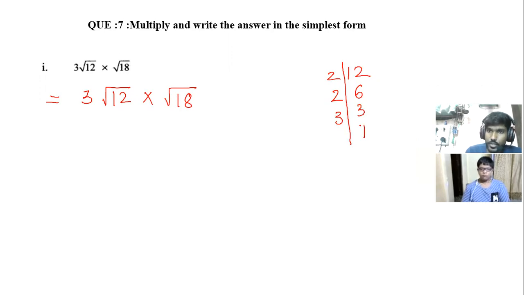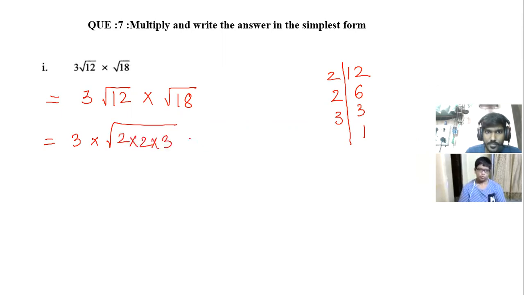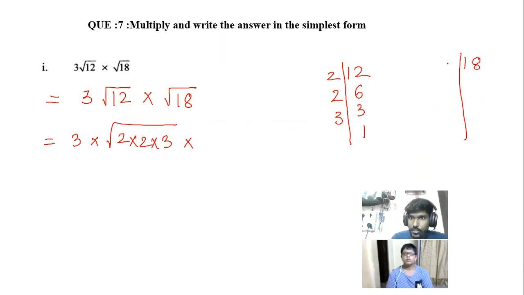Looking at the prime factors, can you tell me the simplest form of root 12? 2 root 3. But the way we write it, we'll write 3 into under root of 2 into 2 into 3, and we'll do the same for 18. Let's find the prime factors for 18. 2 9s are 18, 3 3s are 9, and 3 1s are 3.